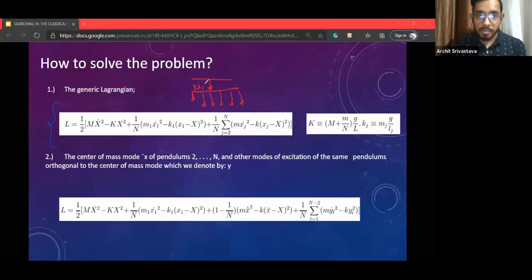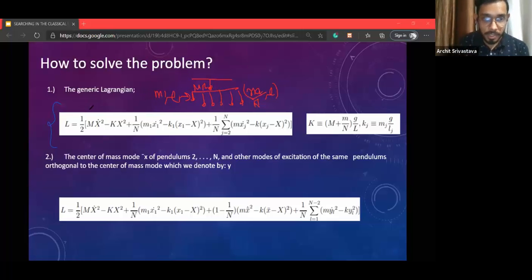The upper pendulum has mass m and length l, and the pendulums in the lower part have mass small m and length l, but the pendulum which is the odd one out has a mass m1. The mass is m by n, and the length of this pendulum is L1.